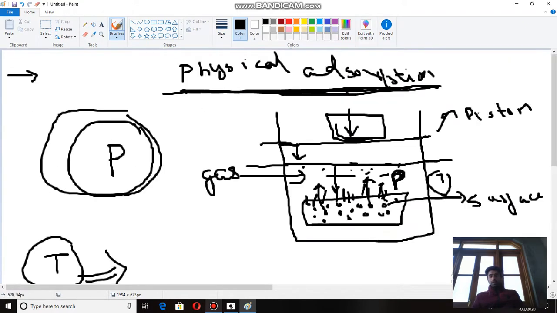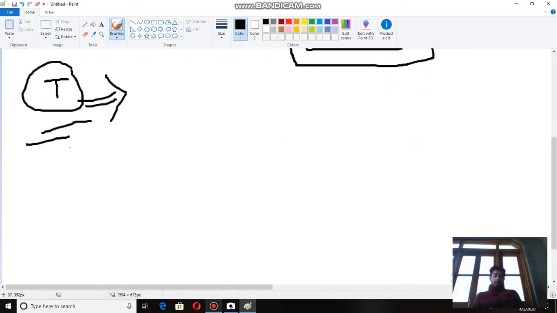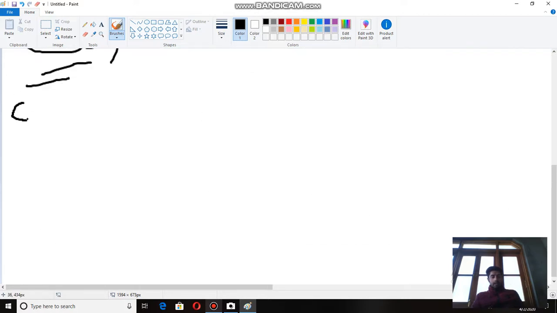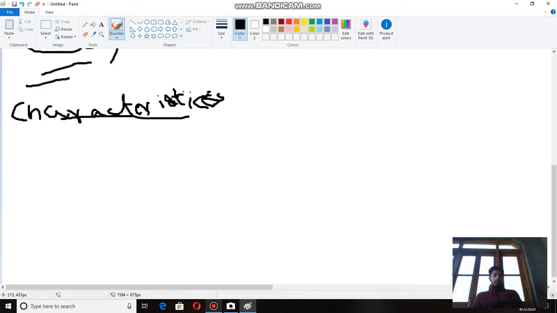Now talking of the physical adsorption, as you know, the force of attraction between these two particles is weak. There is a weak van der Waals force between these two particles. So the characteristics of this physical adsorption are like this. First, it will be reversible.